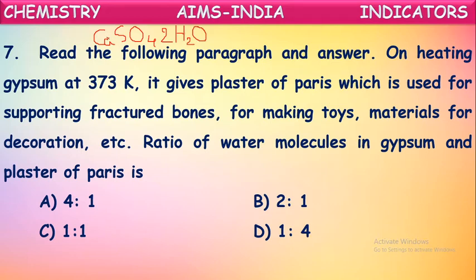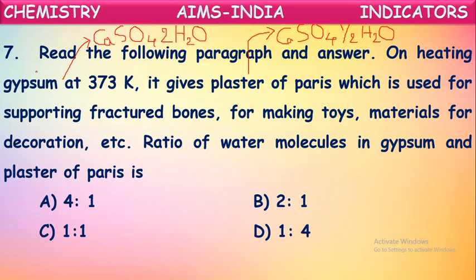In the same way, the formula of plaster of Paris is CaSO4·½H2O, calcium sulfate hemihydrate. CaSO4·½H2O is plaster of Paris, whereas gypsum is calcium sulfate dihydrate, meaning 2H2O.